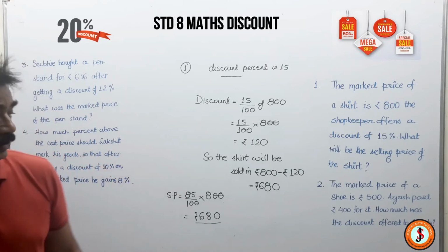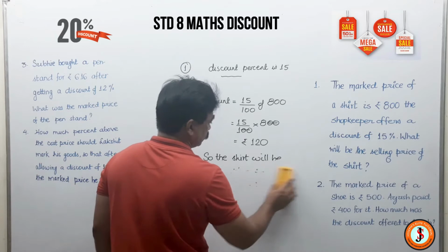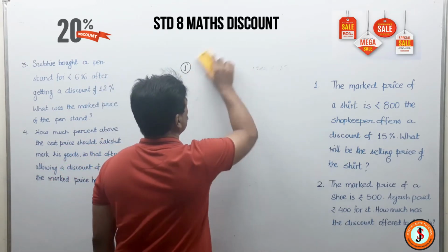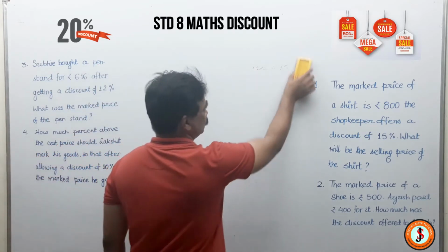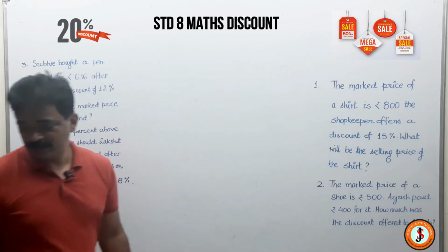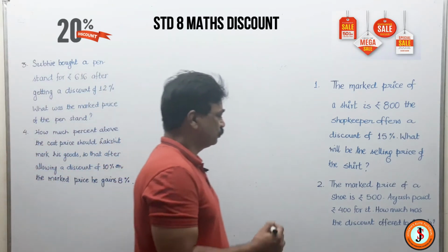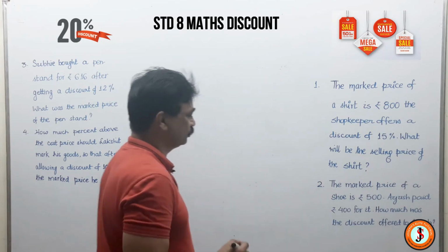Now let us go to question number 2. So children, let us see. The marked price of a shoe is rupees 500 and Ayush paid rupees 400 for it. How much was the discount offered to Ayush?